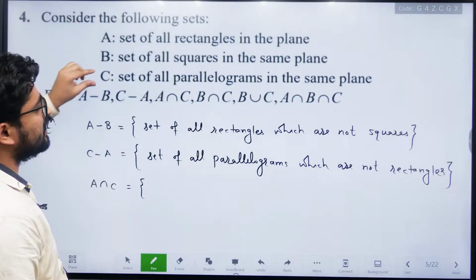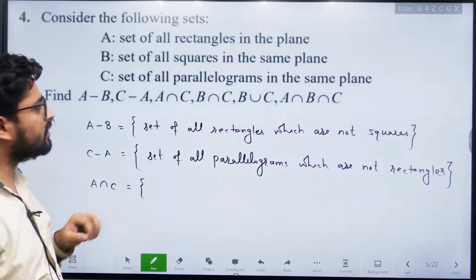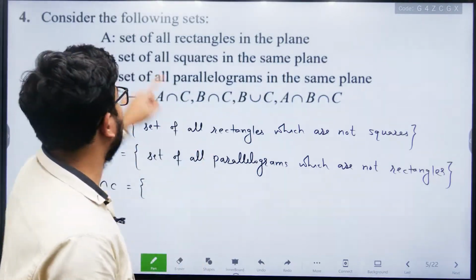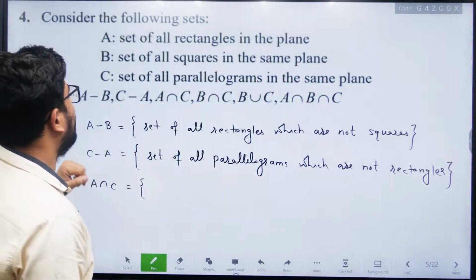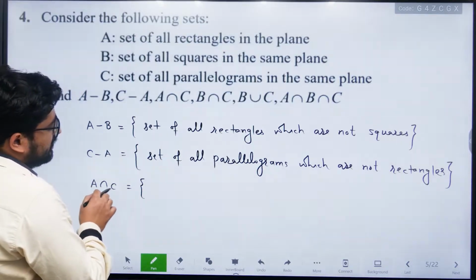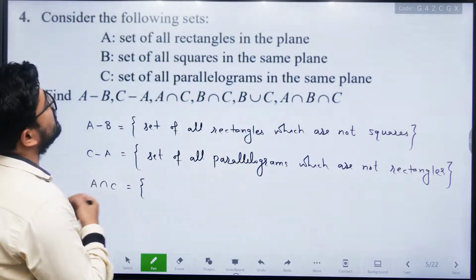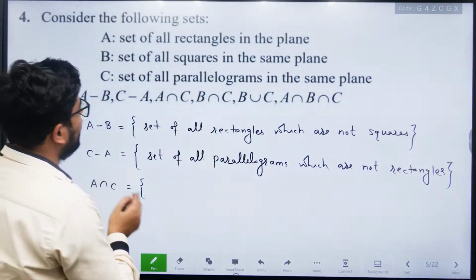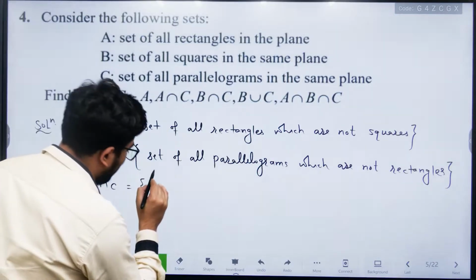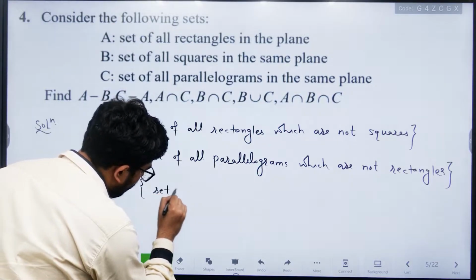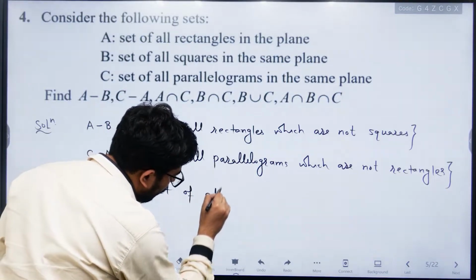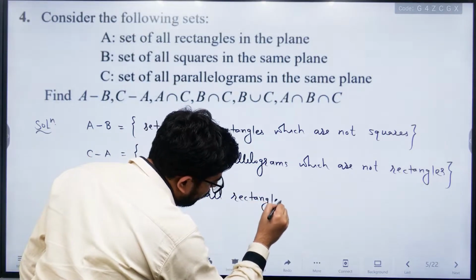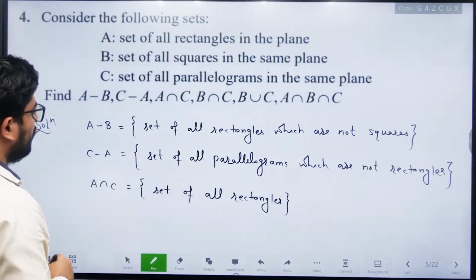C intersection A is A. Yes, because A is a subset of C. We know every rectangle is a parallelogram, so A is a subset of C. So A intersection C is the A set. Why? Because A is a subset of C. Okay, so A intersection C is the set of all rectangles. Got it? Next one is what?